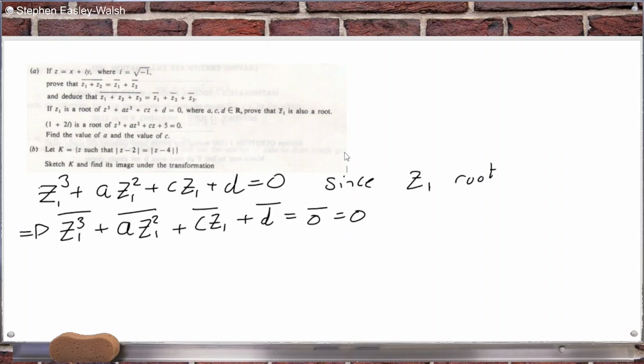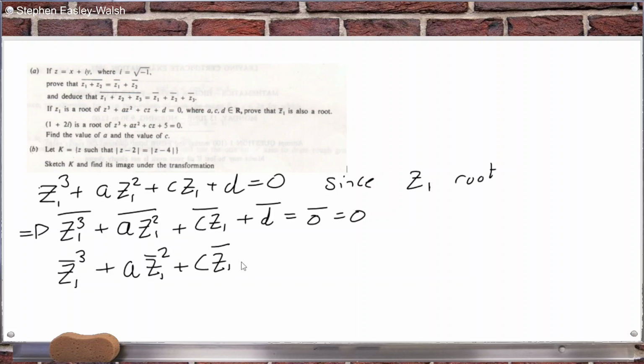Now, the only thing here, which I'm assuming that you're allowed to do, is to say that this is now z1 conjugated cubed plus a z1 conjugated squared. Now, because a is real, you conjugate it, nothing happens if it's real.